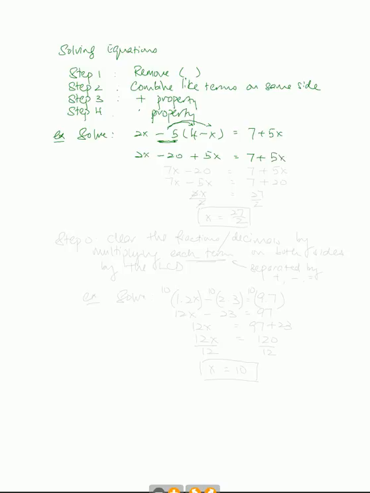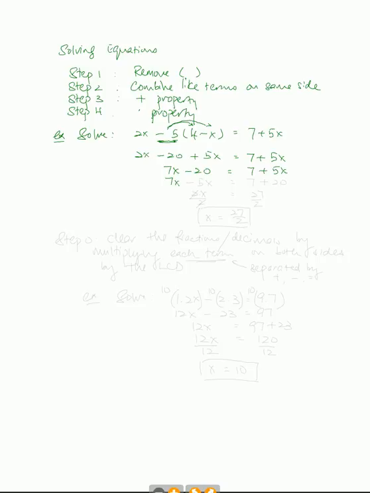So you should always combine like terms on the same side, and that makes the left side 7x minus 20, and on the right side is 7 plus 5x. So the next thing we're going to do is to apply addition property, which pretty much brings the like terms to the same side. So since the x is on both sides, we're going to bring the x's to the left and the numbers to the right.